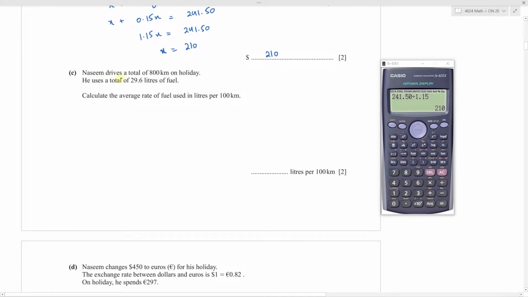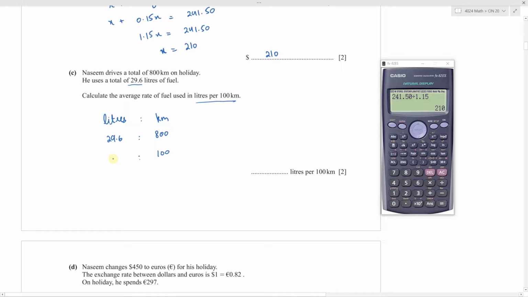Part C is Naseem drives a total of 800 kilometers on holiday. He uses 29.6 liters of fuel. Calculate the average rate of fuel used in liters per 100 kilometers. So we can easily use the ratio method here. So you have liters ratio kilometers. So he uses 29.6 liters for 800 kilometers, and then we need to find how much fuel is used in liters per 100 kilometers.